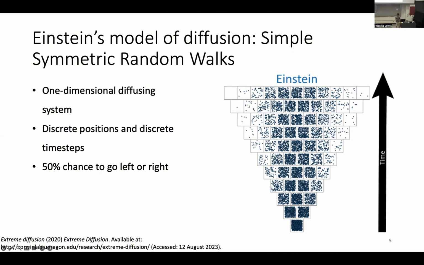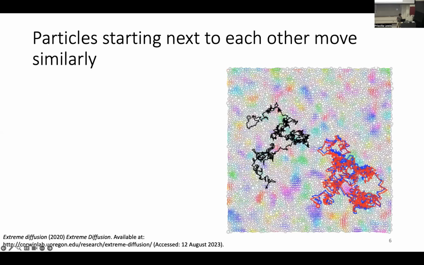The second model I'm going to talk about hinges on the idea that particles that start next to each other move similarly. So here we have the same situation, dust particles suspended in water, except now there are blue and red dust particles as well.